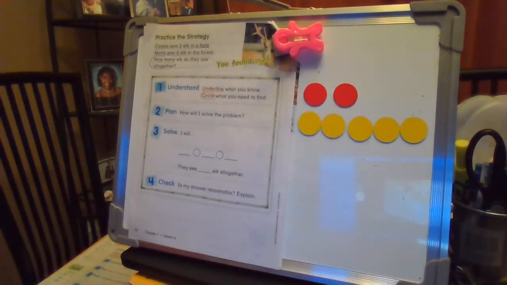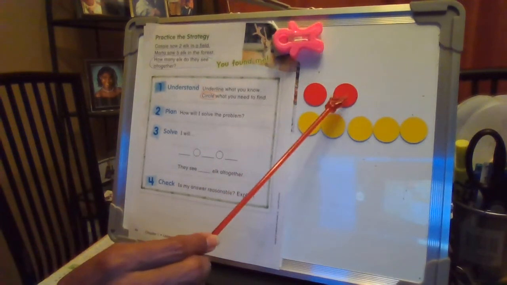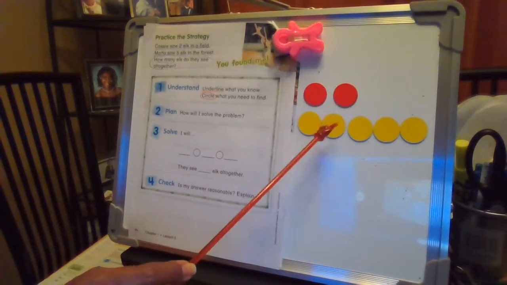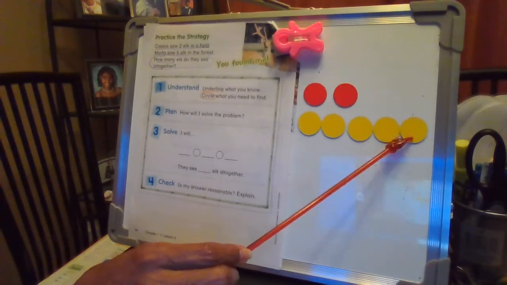How many elk do they see all together? Okay, so I'm going to count how many elk they saw all together. 1, 2, 3, 4, 5, 6, 7.